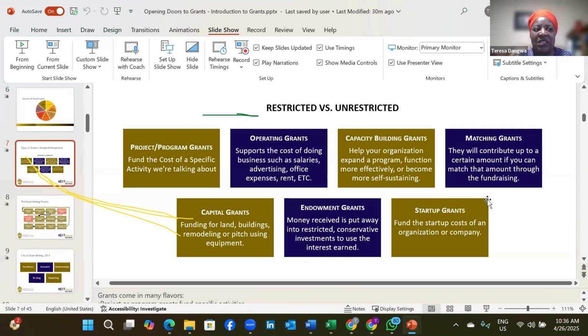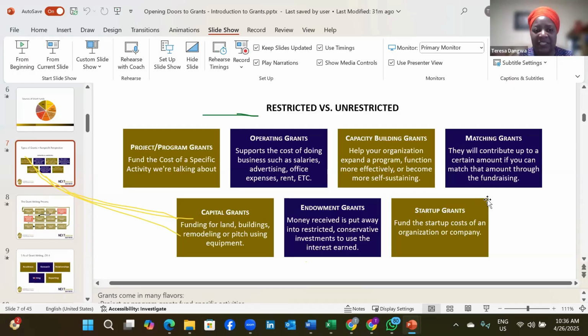So that money is put in investment, usually conservative investment, and then it is the interest that is distributed to different organizations. It's managed by somebody, maybe a family member, maybe a company, but people can apply.